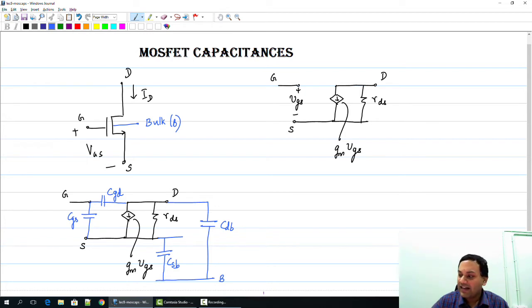Now, I just wanted to point out that in this course we will not be studying each of these capacitances in too much detail.